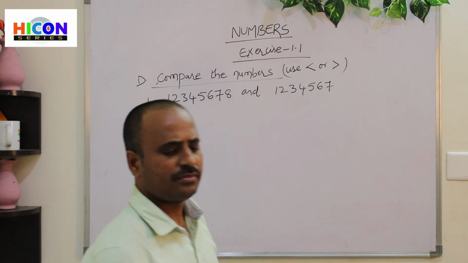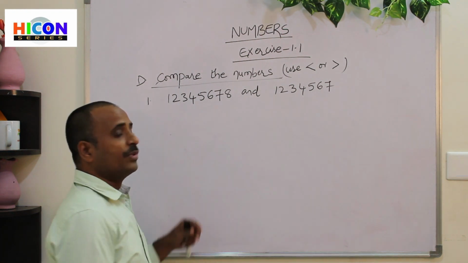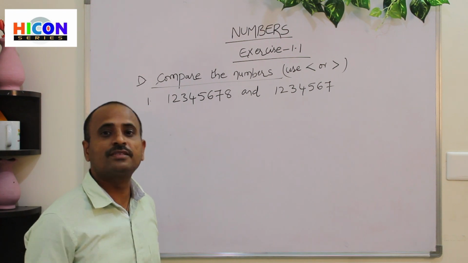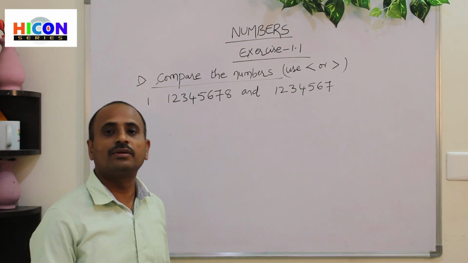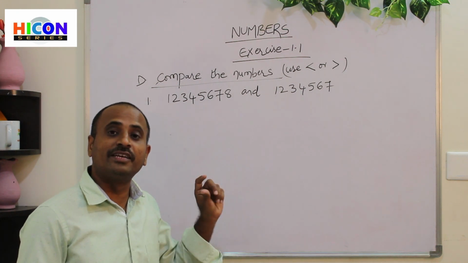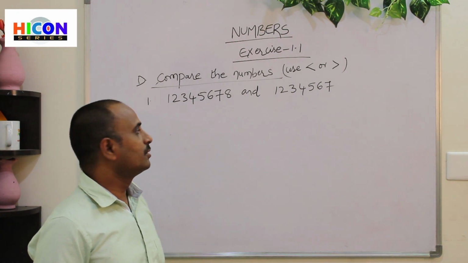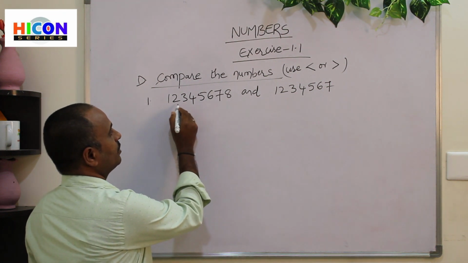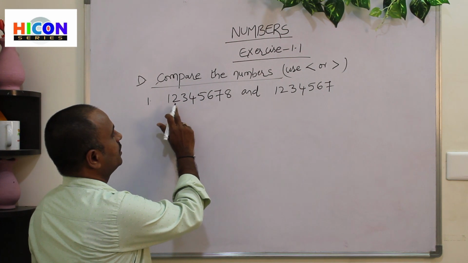So children, see. Before comparing the numbers, the first step is we have to count the digits in each number. So how many digits are there? See the first number.